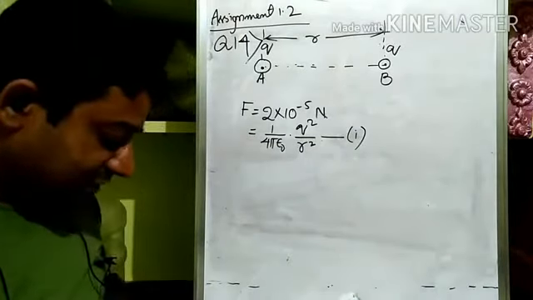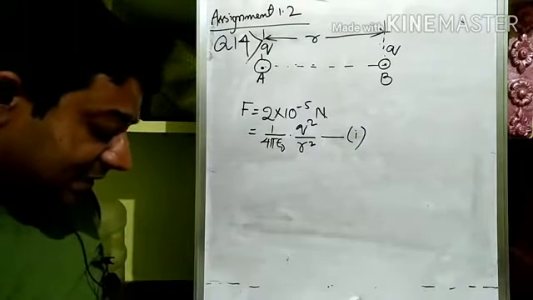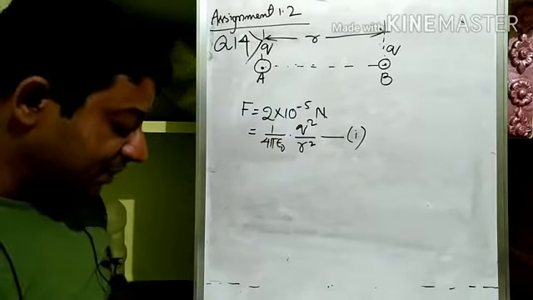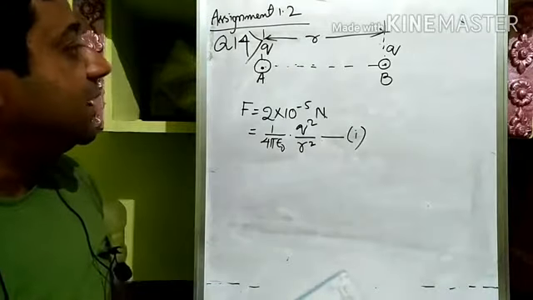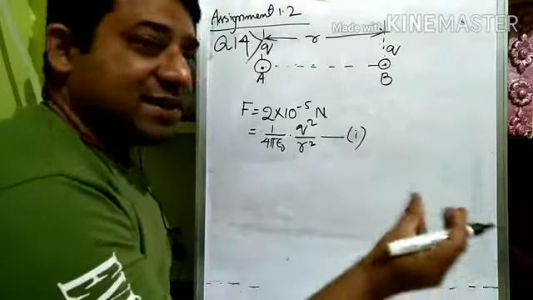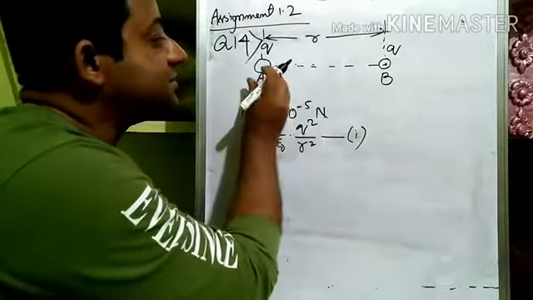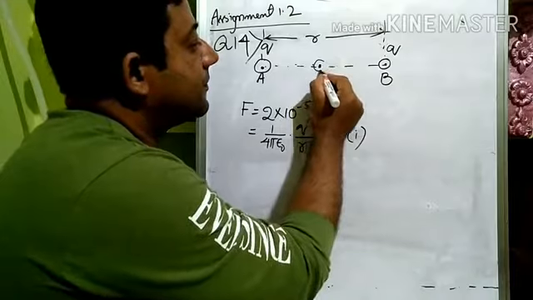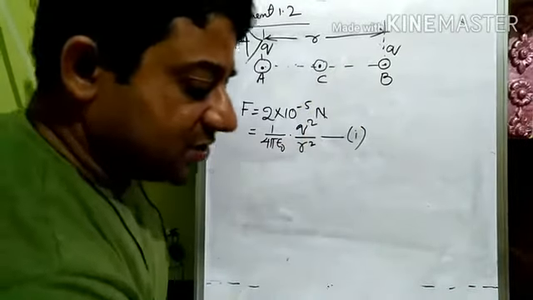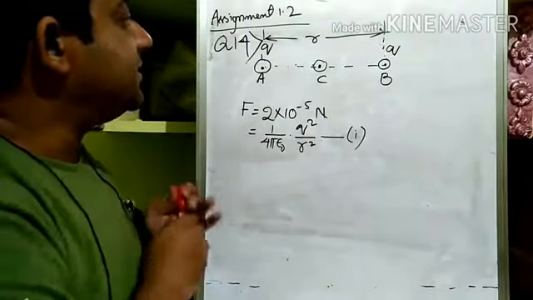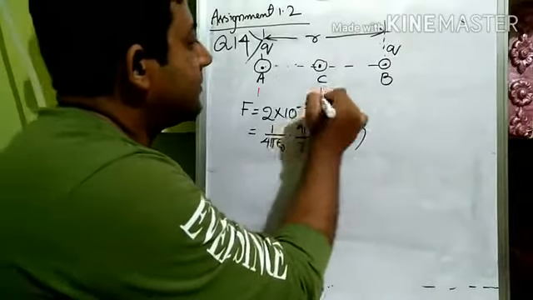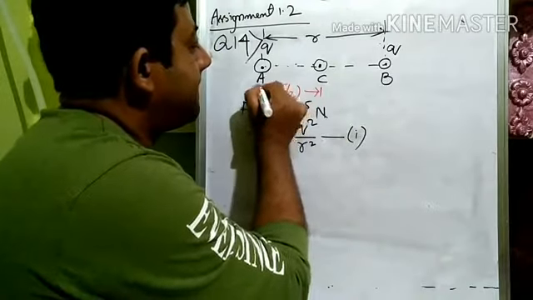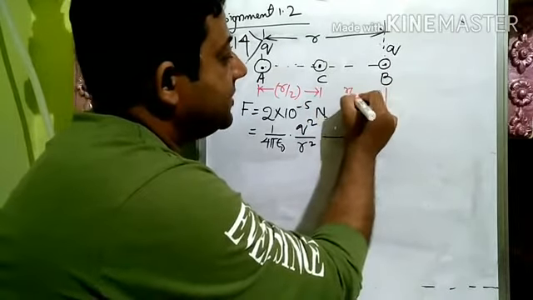Now, what it says: a third identical uncharged sphere C is touched with A and then placed at the midpoint between A and B. Now what happened? C is brought, which is another sphere, which is uncharged, which is touched with A and then kept at the midpoint. And what is the midpoint? It means the distance between C and A is now R by 2, and the distance between C and B also is R by 2.